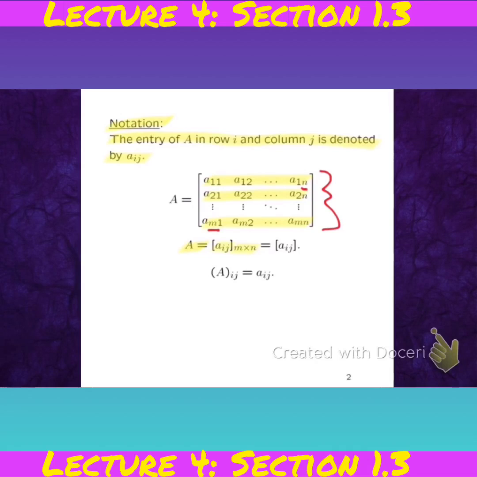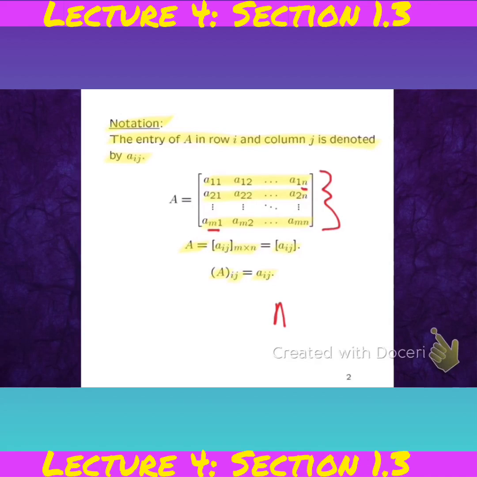Or you could abbreviate that by writing it in this form, with the 2 brackets on either side and the general form of the entries in the matrix A. Another type of notation you can use takes a matrix A and reads off the entry in the ith row and the jth column of the matrix A.